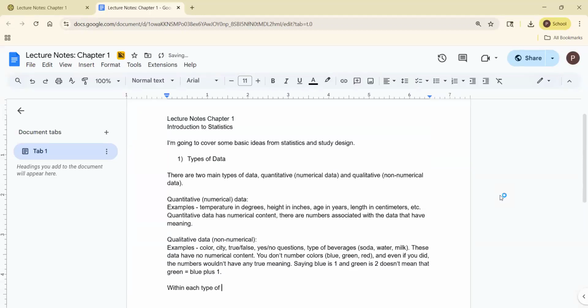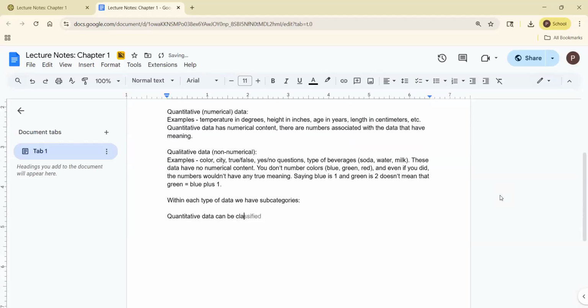Within each type of data, we have subcategories. So on the quantitative side, quantitative data can be classified as continuous or discrete. Continuous data can be measured at any value in a range.